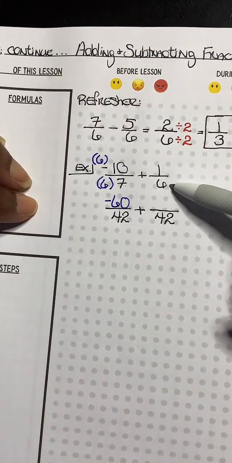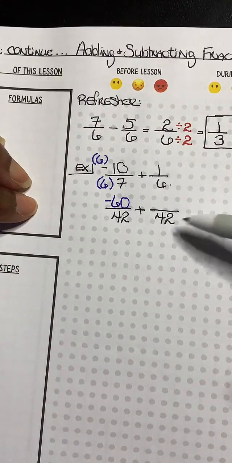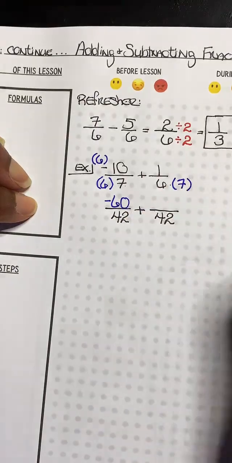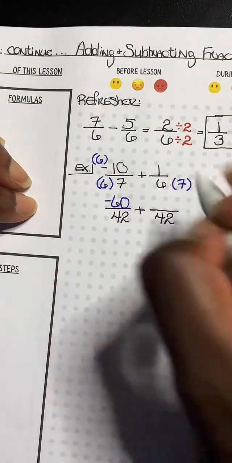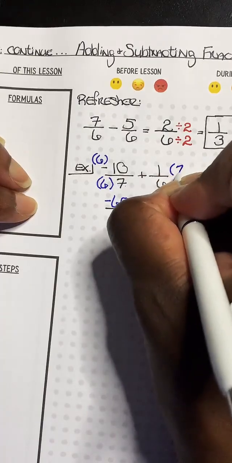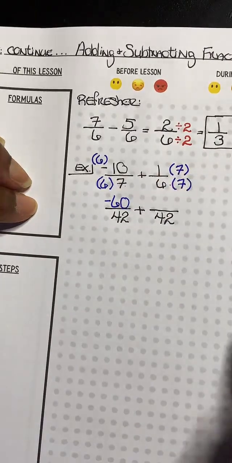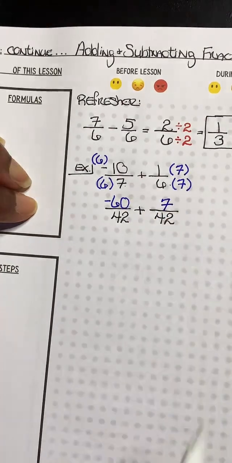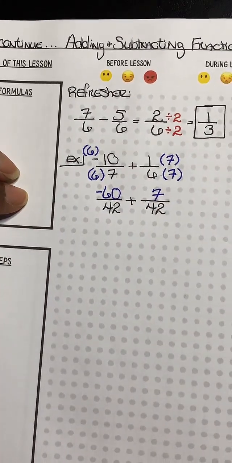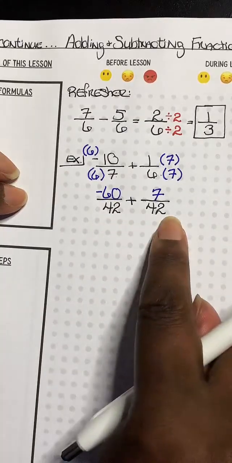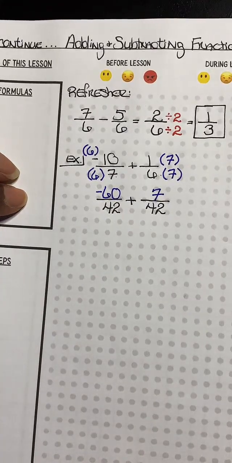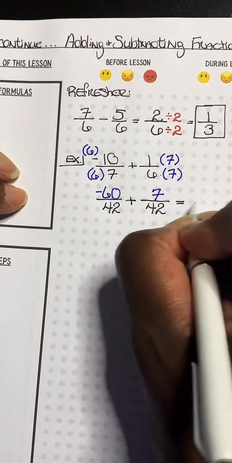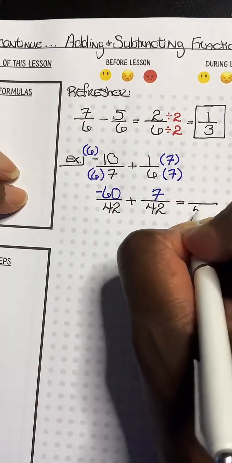So for me to change this 6 to a 42, I needed to multiply that by 7. And whatever I do in the denominator, I need to do in the numerator. So 1 times 7, not to add insult to injury, it's going to be 7. So now we have a common denominator. So now we can actually work this out. So bring over the common denominator, which is 42.